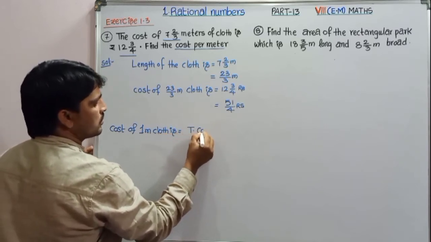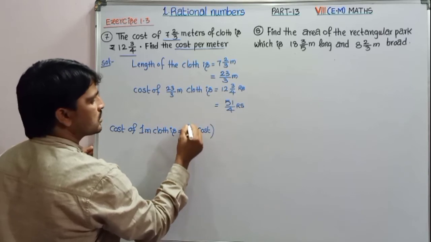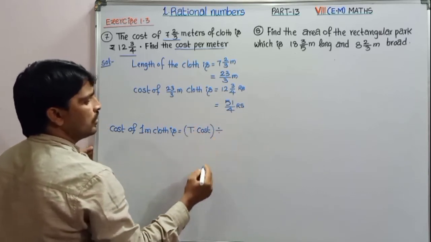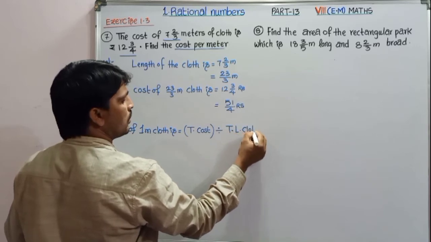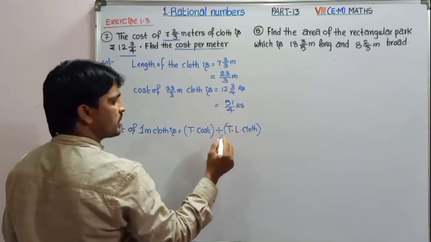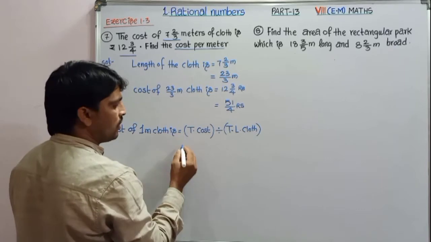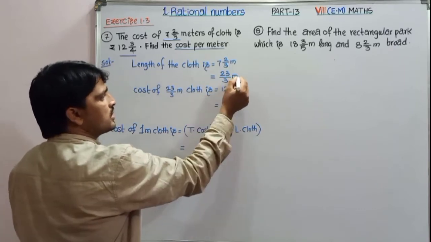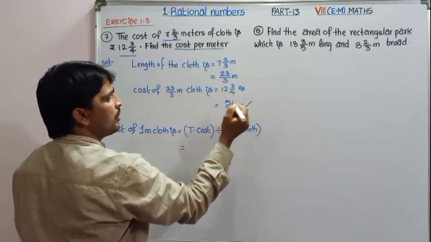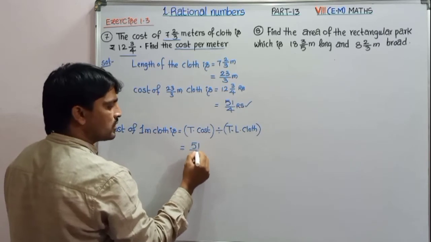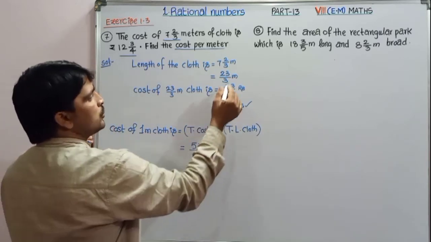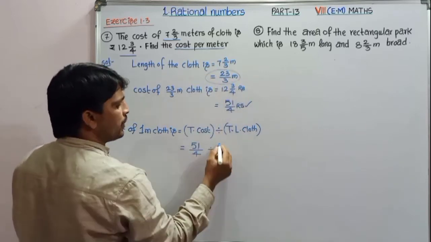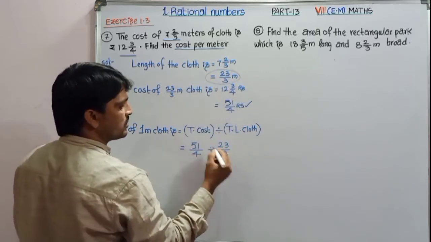the total cost divided by the total length of the cloth. That is, the total cost is 51 by 4 rupees divided by the total length of the cloth, 23 by 3 meters.